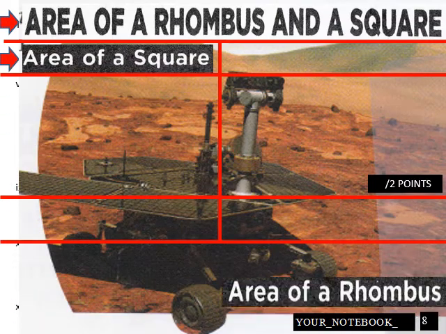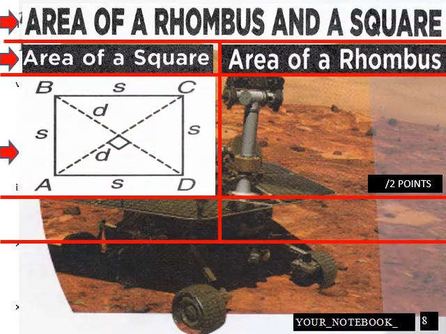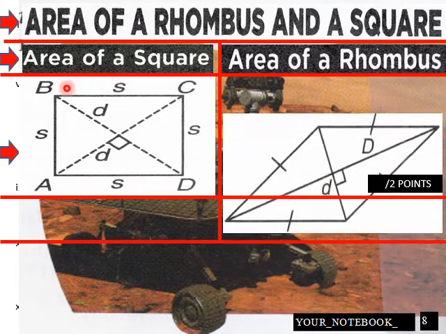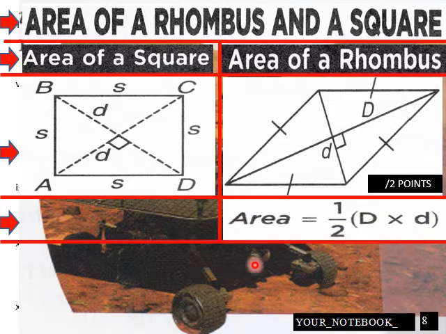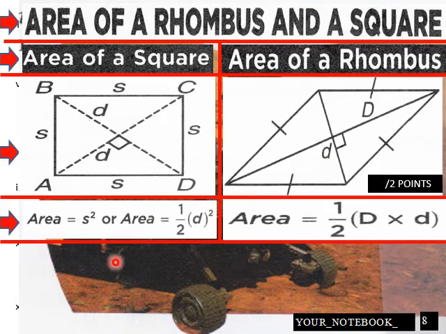Area of a rhombus and a square. Here is a square, and here would be a rhombus. For the rhombus, area is 1/2 D times D, with capital D and lowercase d being the diagonals. For the square, area will be S squared, or 1/2 D squared.